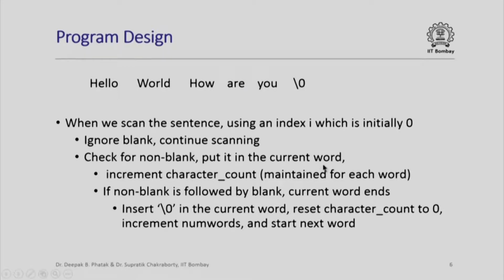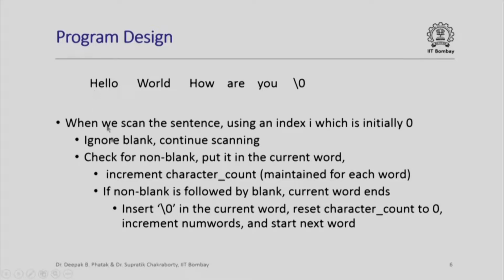Since we are going to use a two-dimensional array, the current word will be indicated by an index which refers to a different row of word when the word changes. Within a word, we will increment the character count which is maintained for each word. If a non-blank character is followed by a blank, observe here, O is followed by this blank. The current word ends; hello has ended.